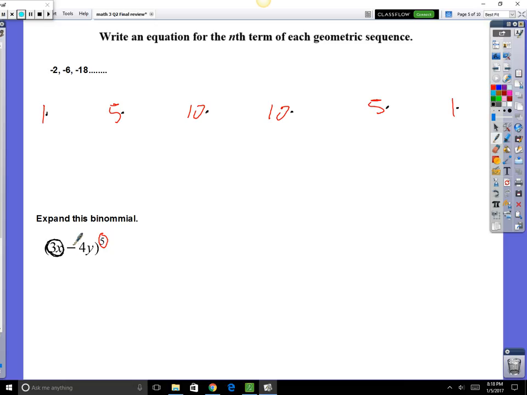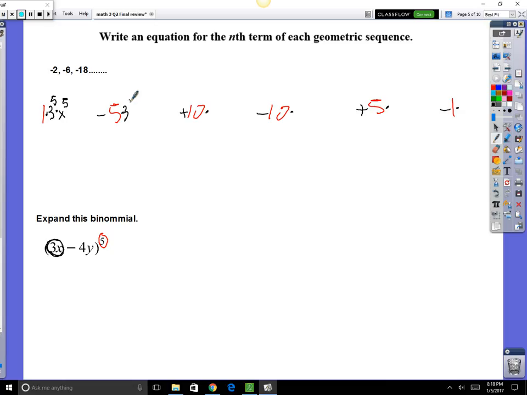Okay, now it's subtract. So this is actually going to be subtract plus subtract plus subtract. So your signs are going to alternate. Okay, so now you're going to do 3x, and you're going to do 3 to the 5th times x to the 5th.